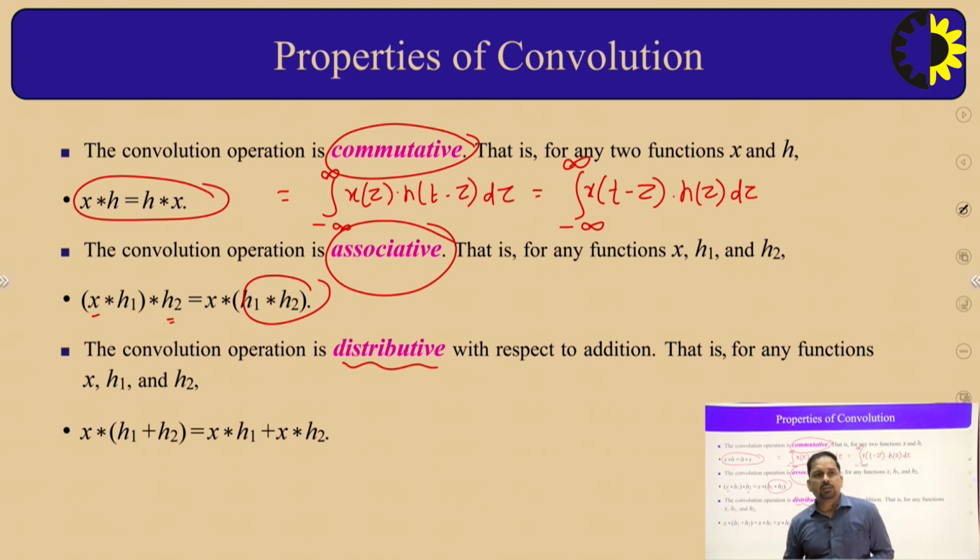The associative and distributive properties come into the picture when we have, let's say, a cascade realization and a parallel realization.